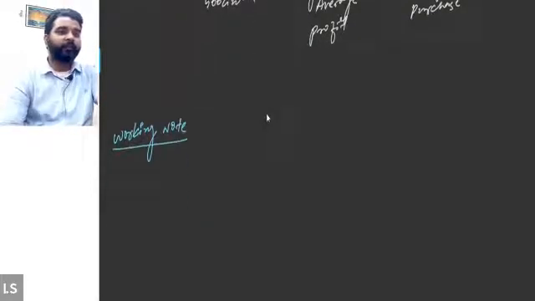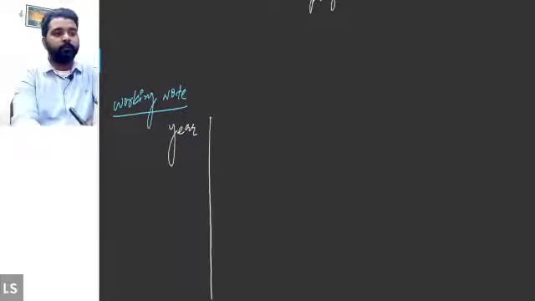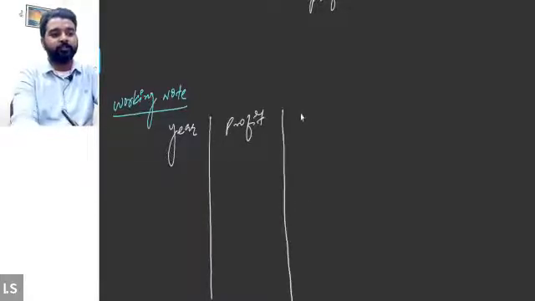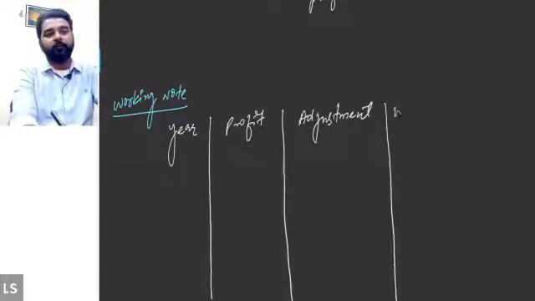For this we generally prepare this kind of format. First of all, one column for the year, then the amount of profit, then a separate column for adjustments, if there are any, and if weights are given in the question, such weights should be taken separately in a column.